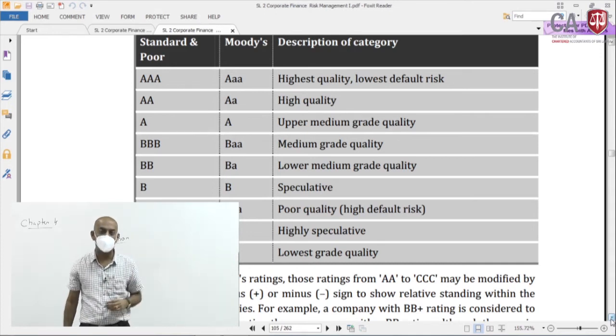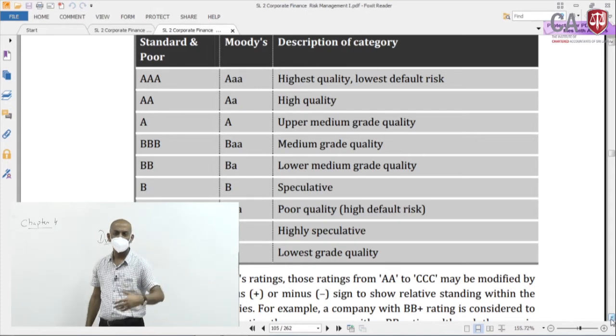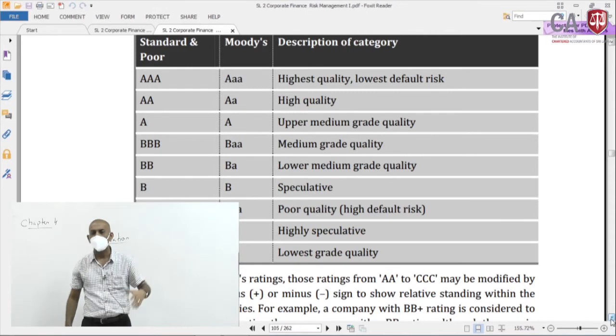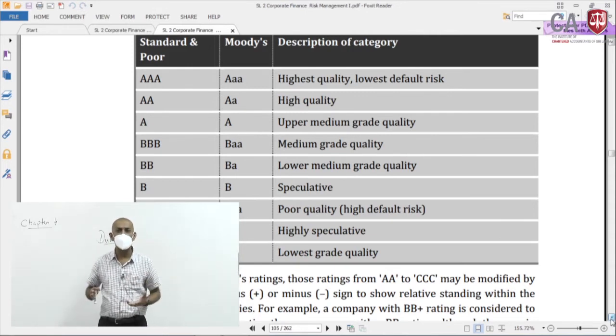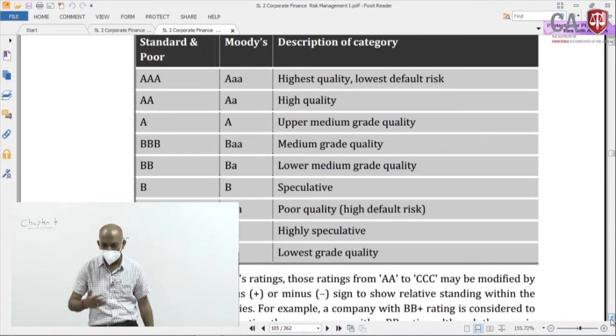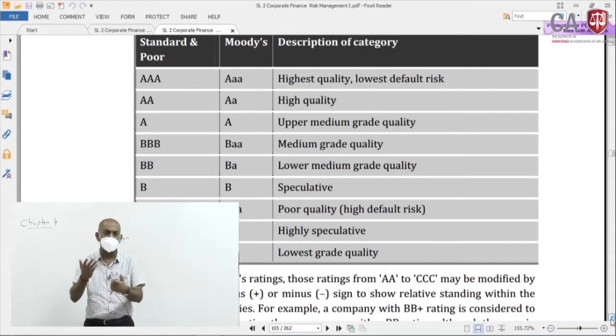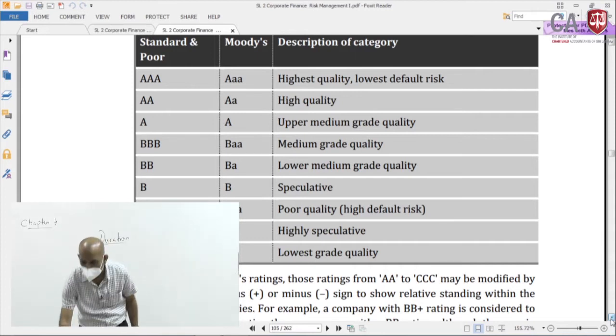Say leading banks in Sri Lanka, their debentures are AAA rated. Don't worry about it, because their chance of defaulting is very remote. It's like government bonds, they also won't default because they are so strong financially. So that's the understanding you should get: the rating will tell you the credit risk levels.